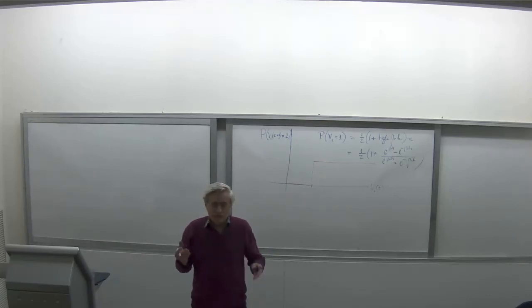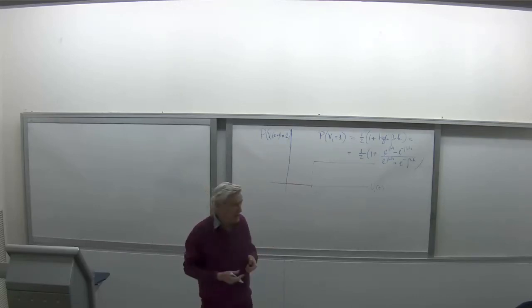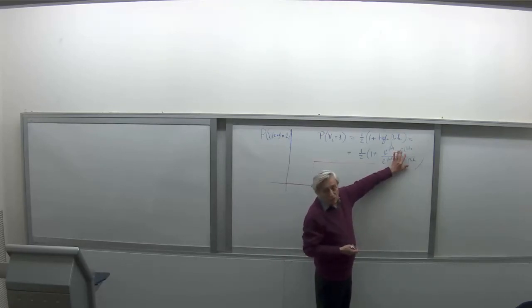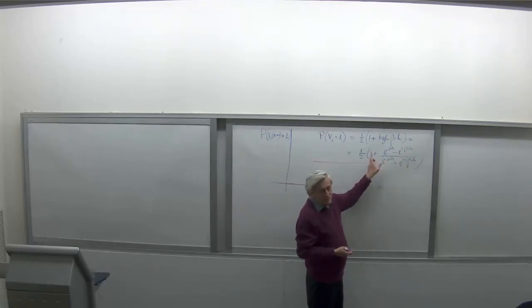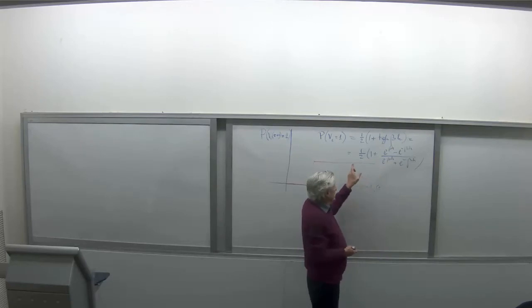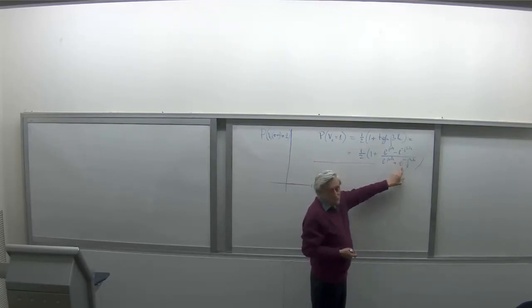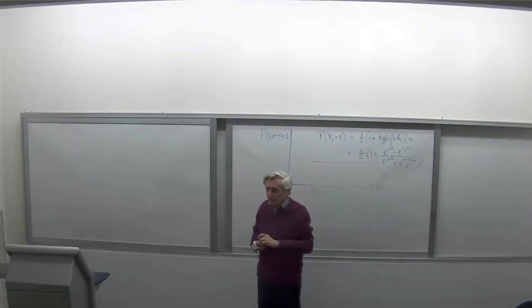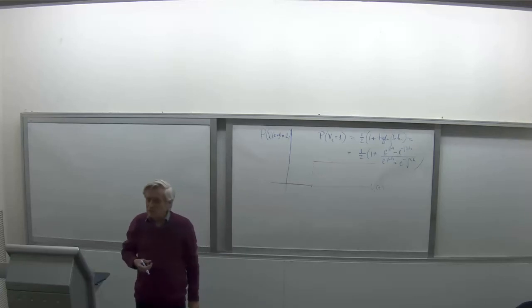Beta goes to infinity means that it is a deterministic case, there is no noise, and when beta goes to infinity, this goes to 0, and we have the following case. And what happens to a hyperbolic tangent itself when beta goes to infinity?